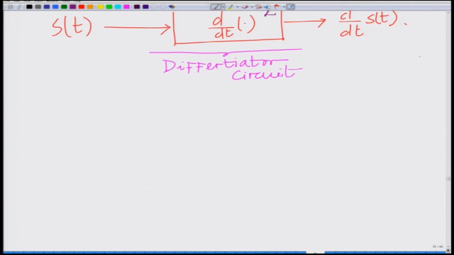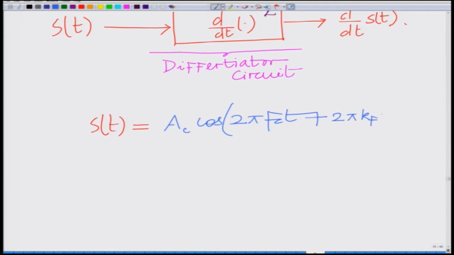Now let us consider our standard FM signal, which is given as s of t equals A c cosine of 2 pi f c t plus 2 pi k f integral 0 to t m of tau d tau.